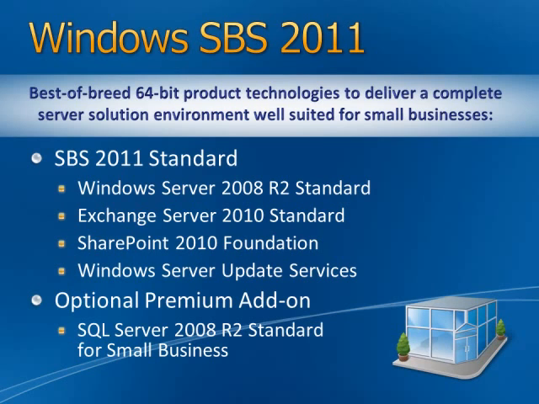Now, what's so great about this is that by providing the second license for Windows Server and SQL Server, it is providing the back-end infrastructure for any line of business application that the company might be using that relies on SQL Server.